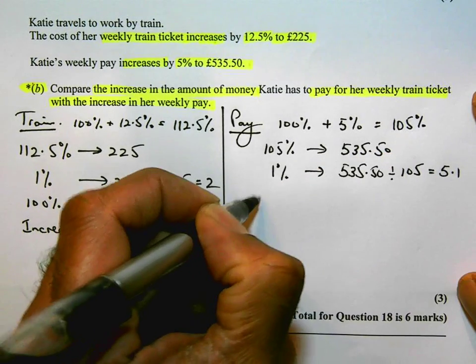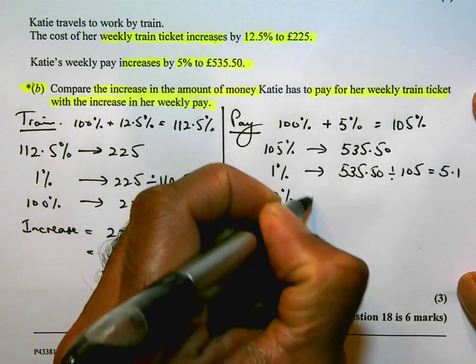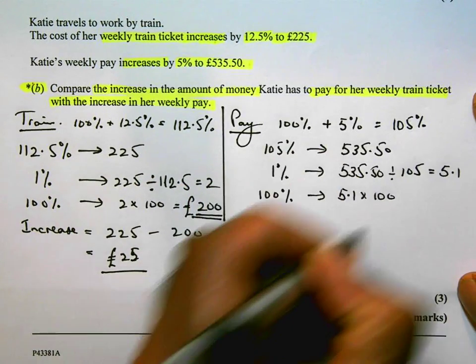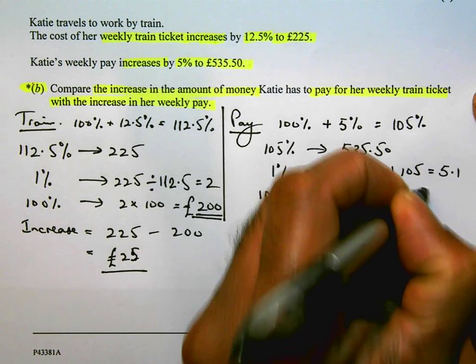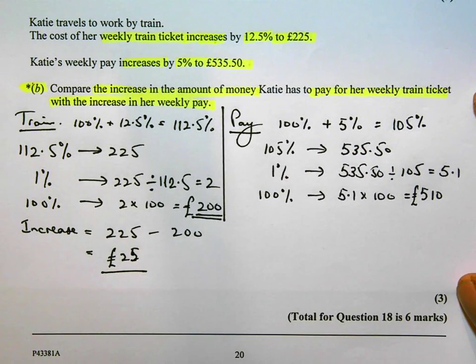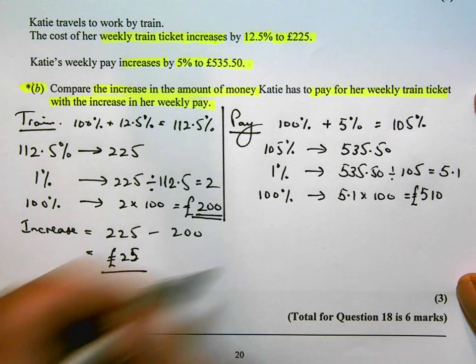So if 1% is 5.1, 100% is going to be 5.1 times 100, which is £510. Okay, so that's the original pay that she was getting before her pay increase.